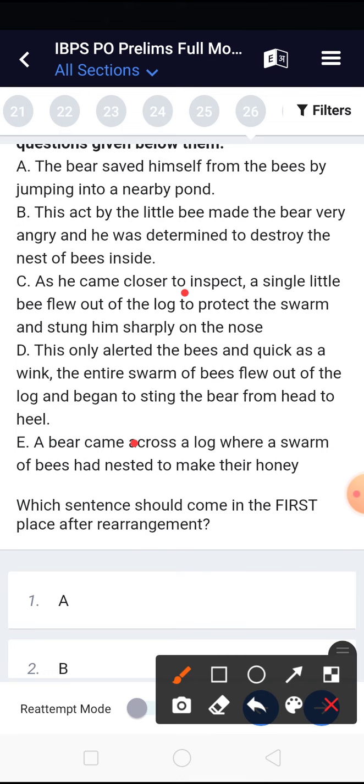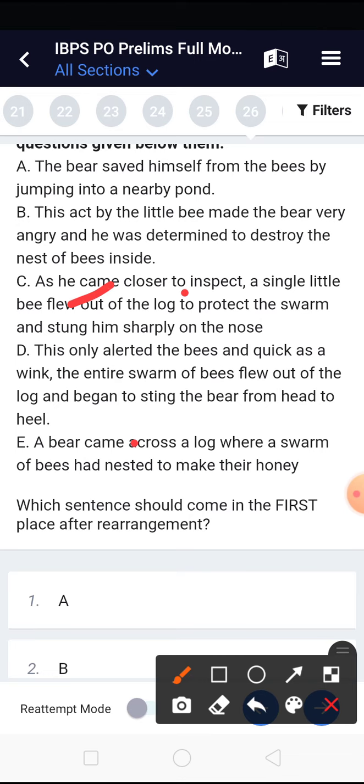E C B, this act by the little bee made the bear very angry and was determined to destroy the nest of bees inside.